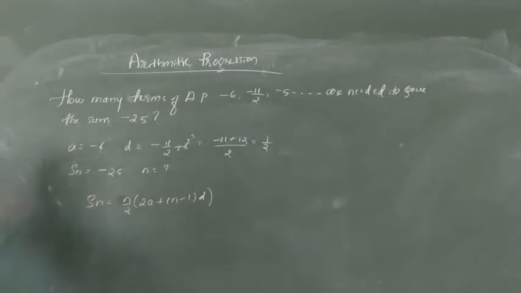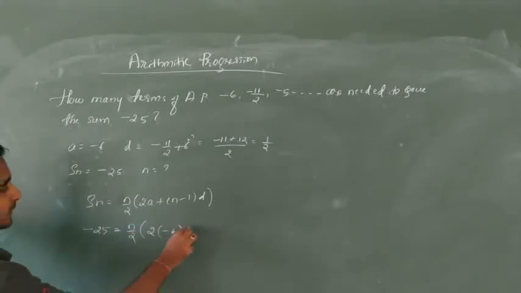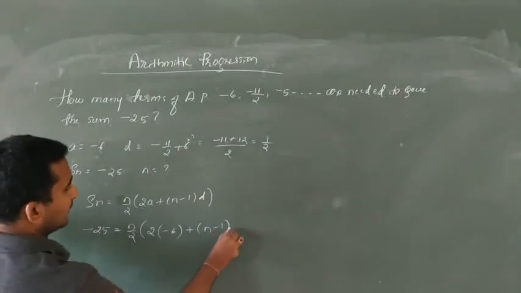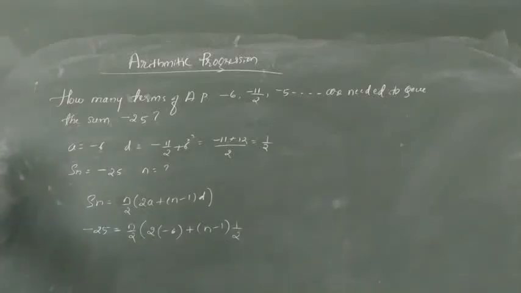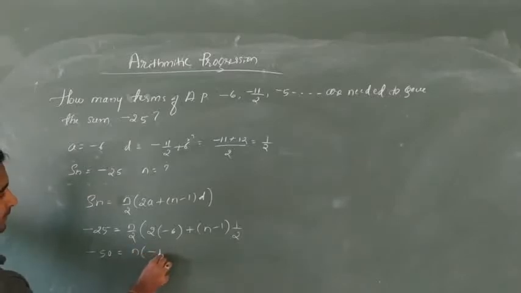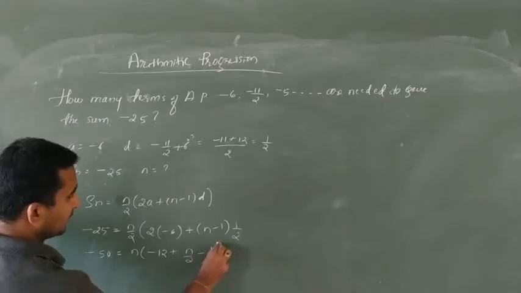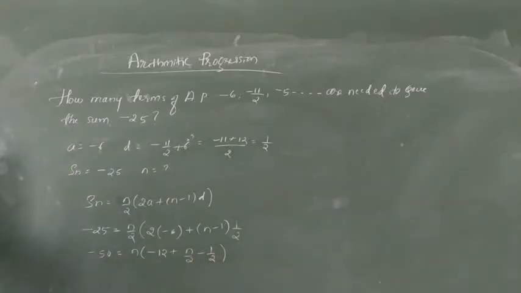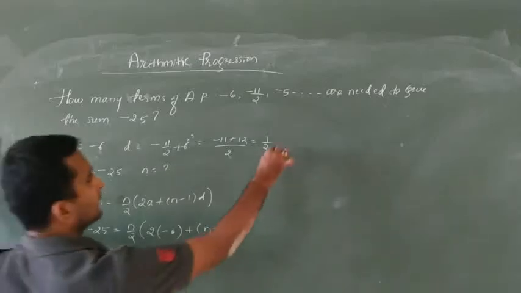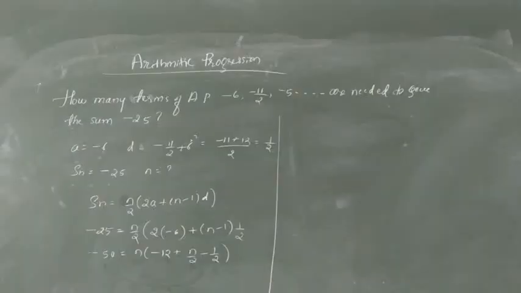Then Sn is minus 25. This is n divided by 2 into 2a, which is minus 6, plus n minus 1 into d, which is 1 divided by 2. So now minus 50 is equal to n times minus 12 plus n minus 1 divided by 2.